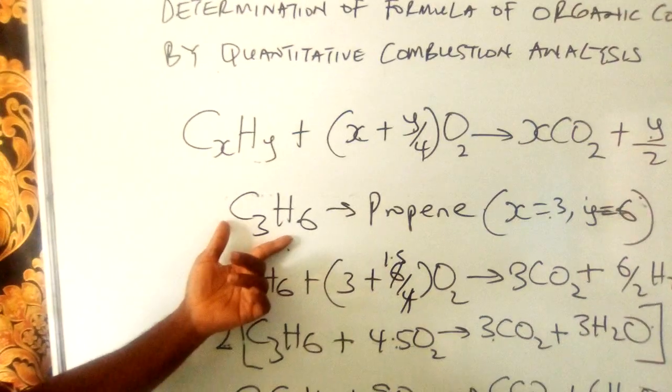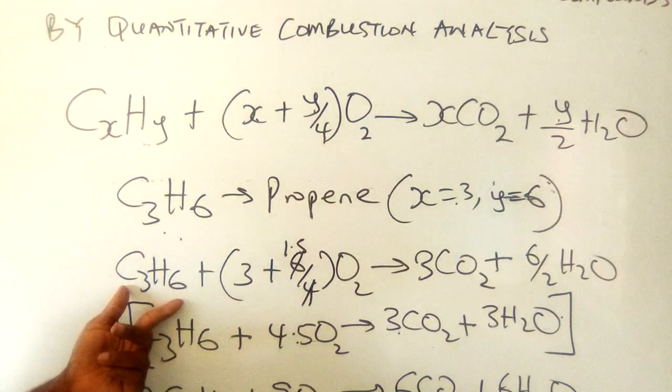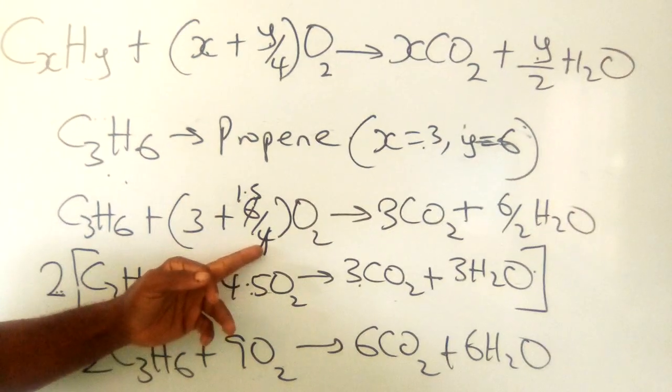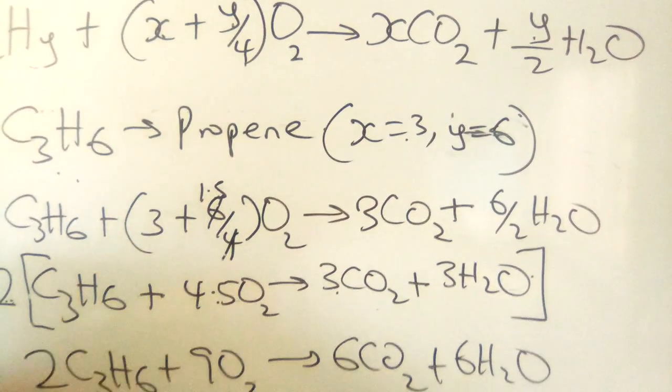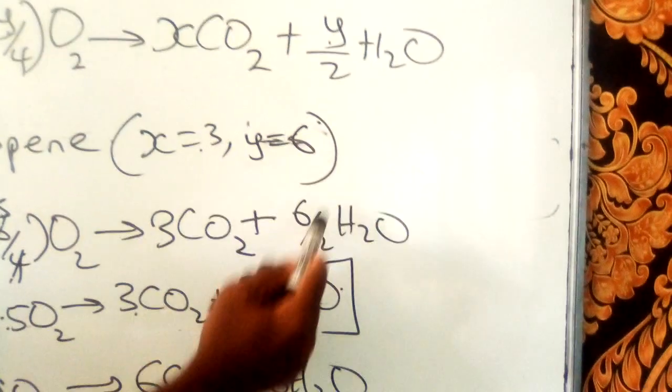So if I use propene, for instance, and replace x with 3, replace y with 6, 6 over 4 gives you 1.5. Then over there, replace x with 3 and y with 6, 6 over 2.